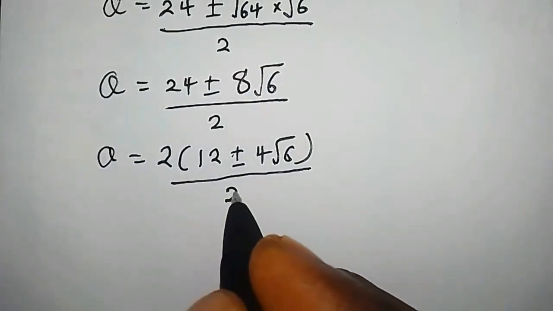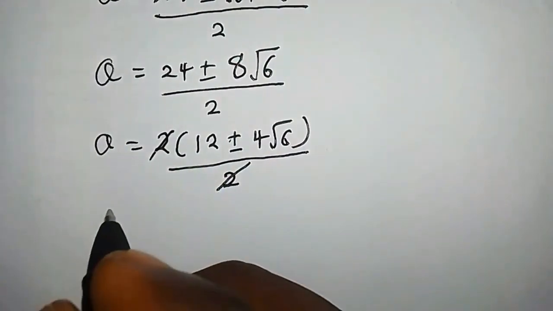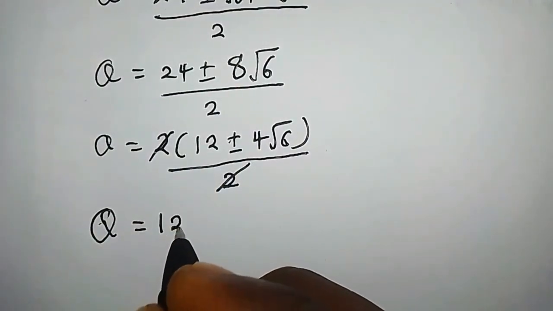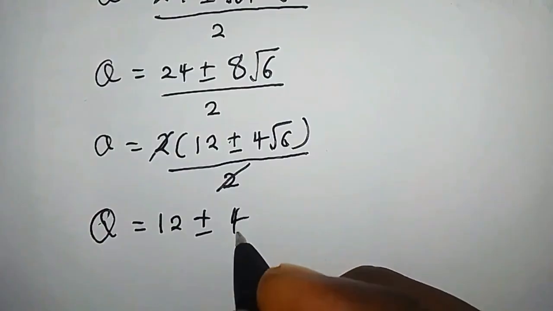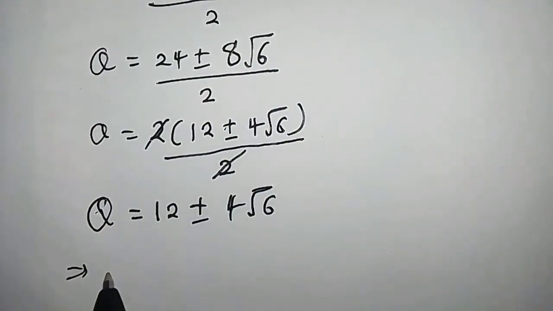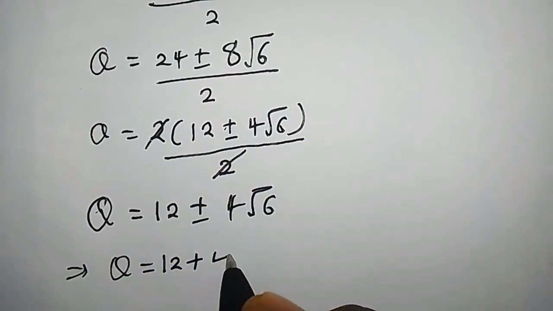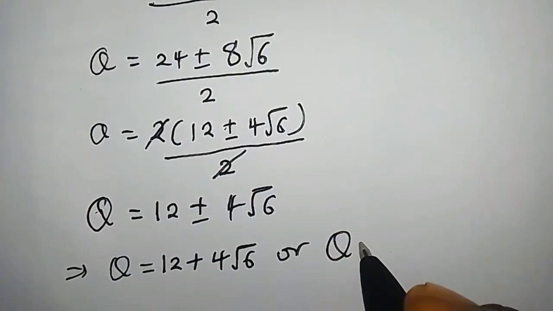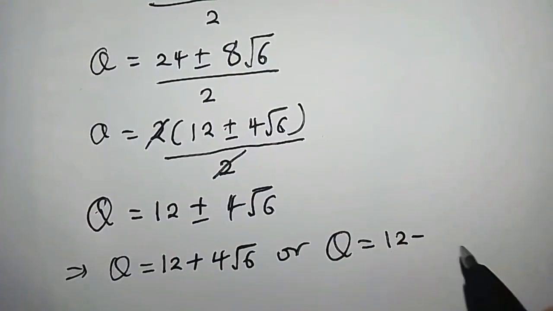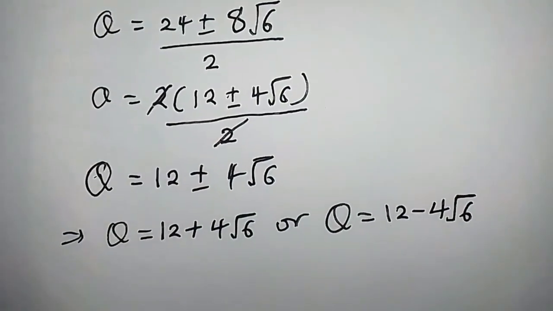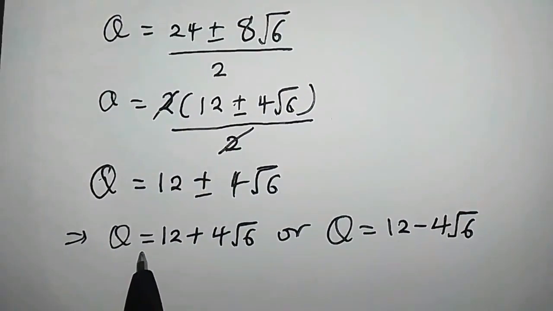Clearly, 2 cancels 2. We are left with Q equal to 12 plus or minus 4 root 6. This means that Q is either equal to 12 plus 4 root 6 or Q is equal to 12 minus 4 root 6. You will see that we have two values for Q.